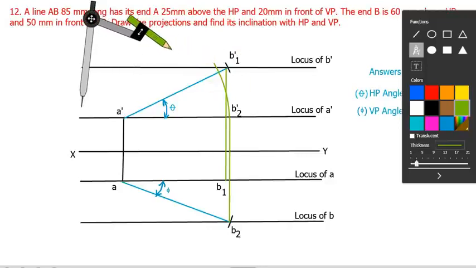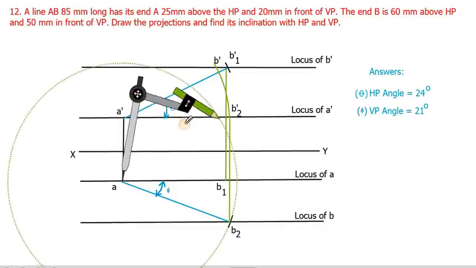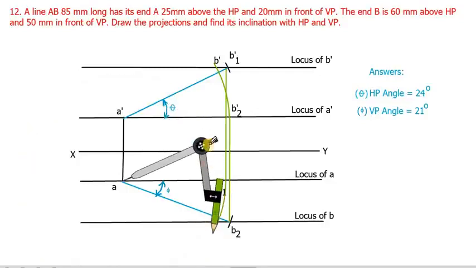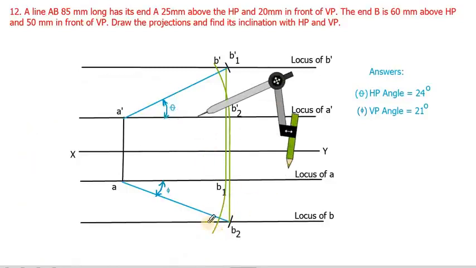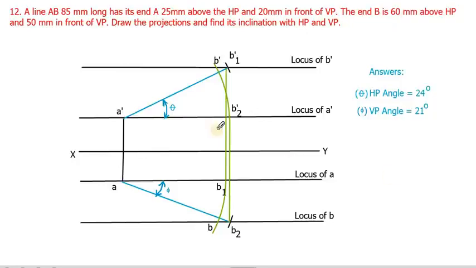So this point will be B dash. Similarly, from A as center and A B1 as radius, draw an arc up to the locus of B to cut B. Then take an HB pencil, join A dash and B dash to get the front view and join A and B to get the top view.